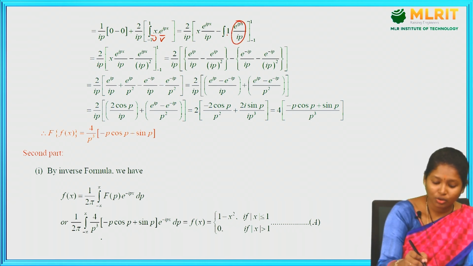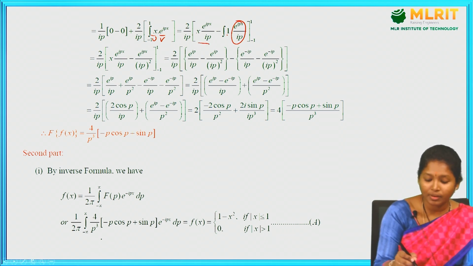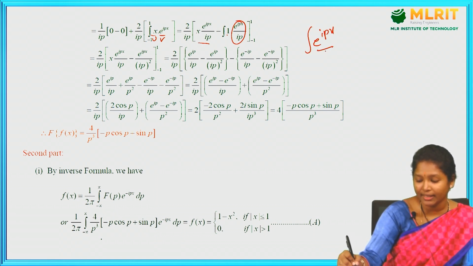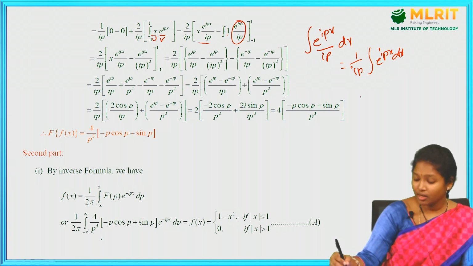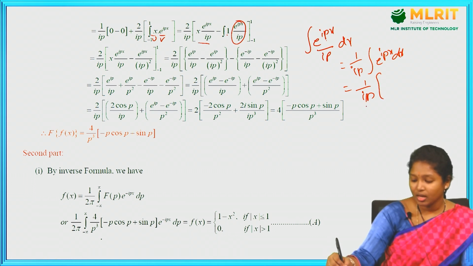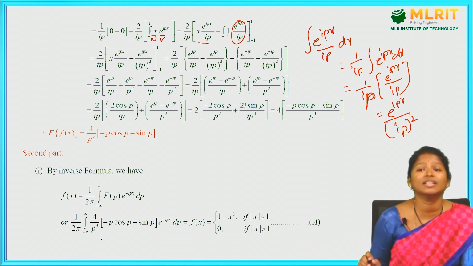So we get 2 by ip, x into e power ipx by ip, this term, minus 1 by ip. 1 by ip is constant, so we write it outside: 1 by ip integral e power ipx dx. The integration of e power ipx is e power ipx by ip, so when we multiply, we get e power ipx by ip whole squared. This term was this integration.